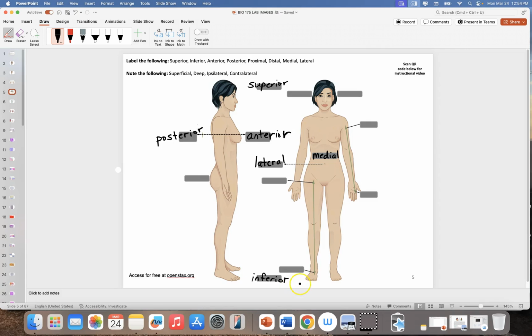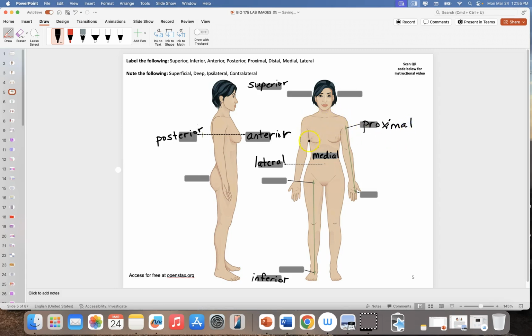We also have some terms that we use mainly when we're focusing in on the limbs. So here we have the lower limb, here we have the upper limb, and those terms are proximal and distal. Proximal is when we are closer to what we call the attached base.